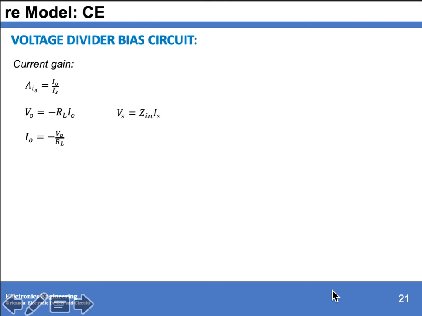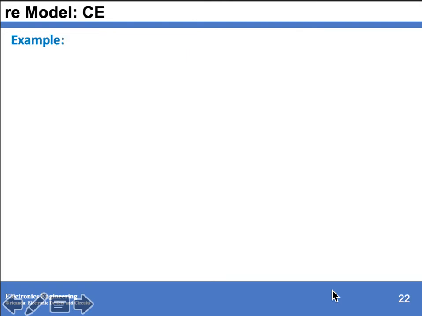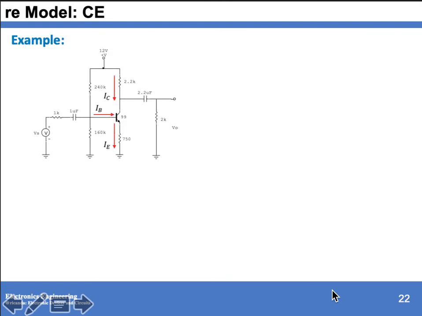And for the IS, it is within your BS. So IS is BS over impedance IN. Substituting that to your EIS, so therefore EIS equals to negative ABS times input impedance over RL. So we have this example.